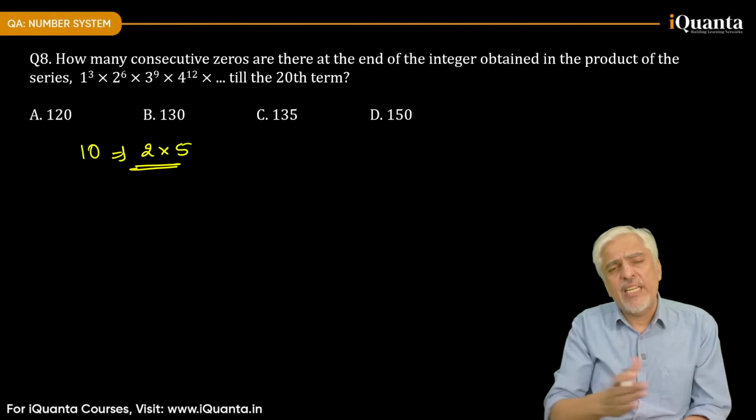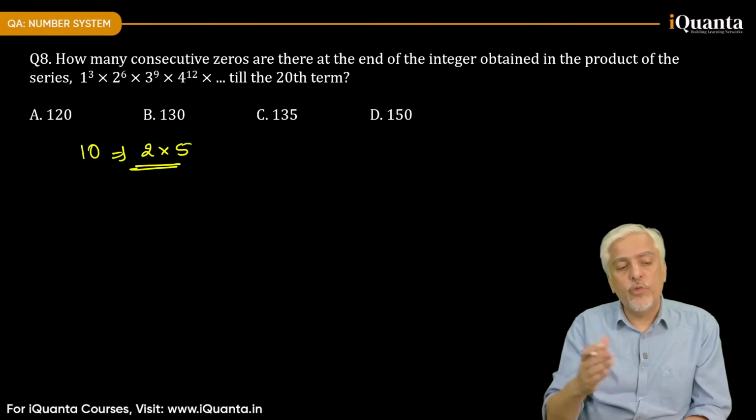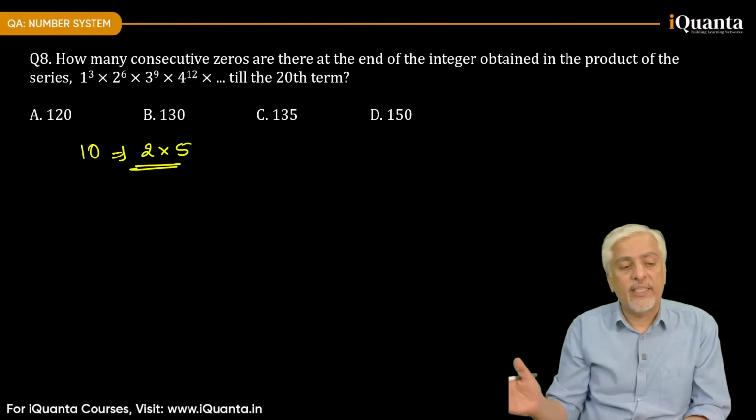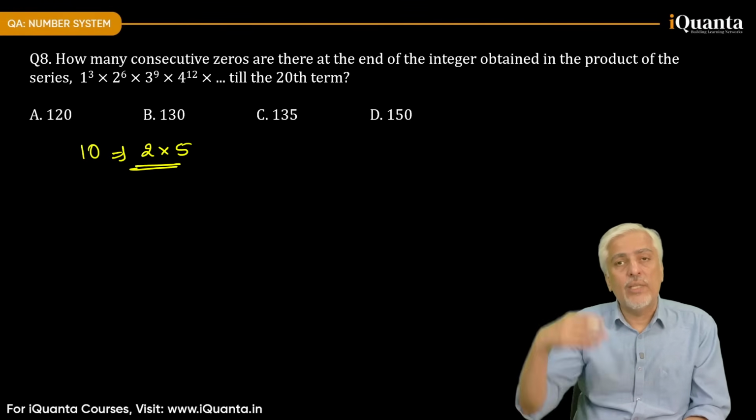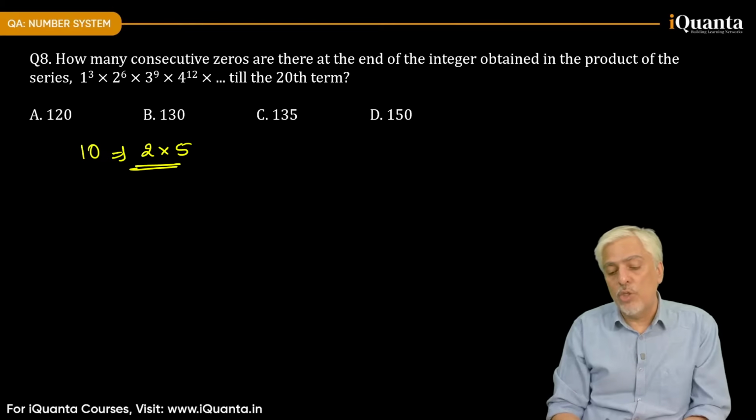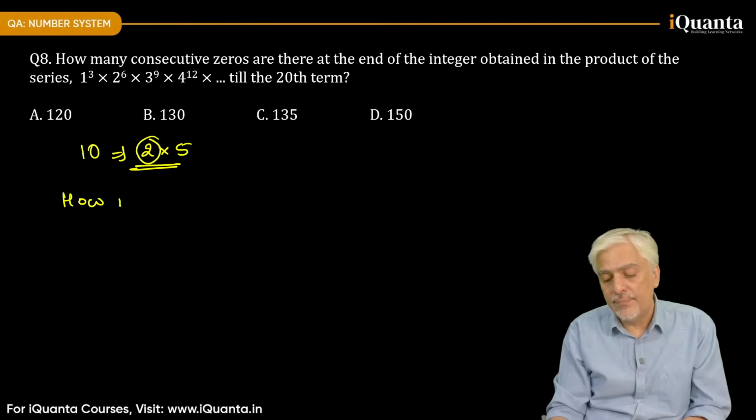There are many, many, many 2s on the way. 2, 4, 6, 8, सब में 2 आता है. Right? 10 में भी 2 आता है, सब में 2 आता है. So we are not going to worry about how many 2s are there. How many 5s are there?